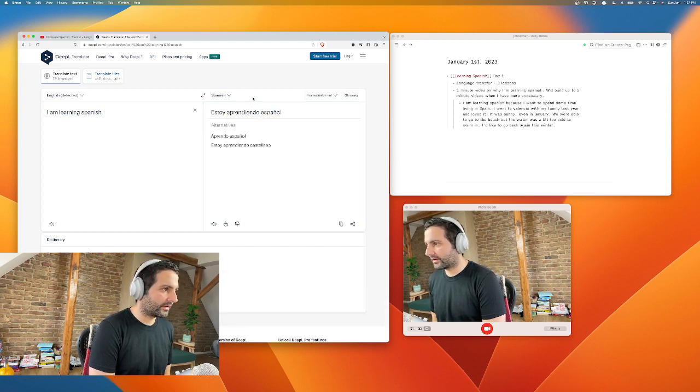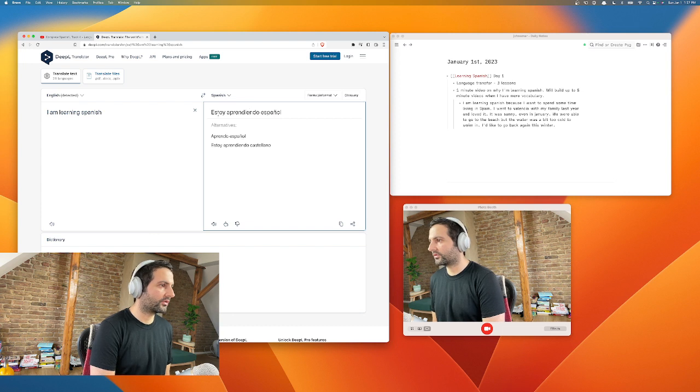Aprendiendo. I can remember that pretty easily because the French word apprendre is similar. So the thing here is, what's the difference between aprendo español and estoy aprendiendo?